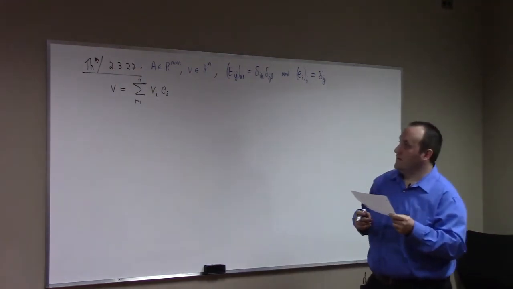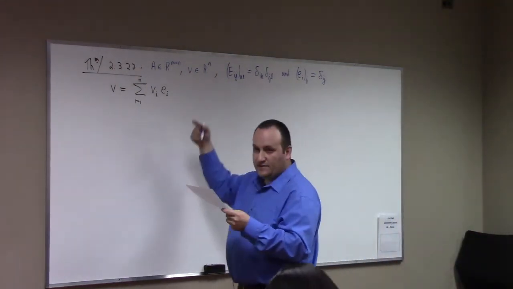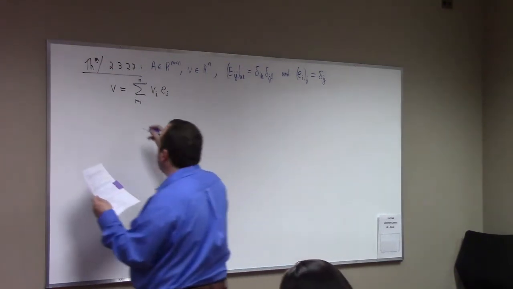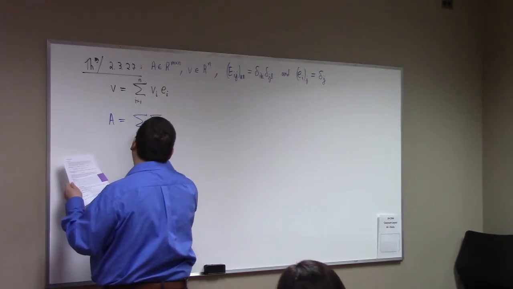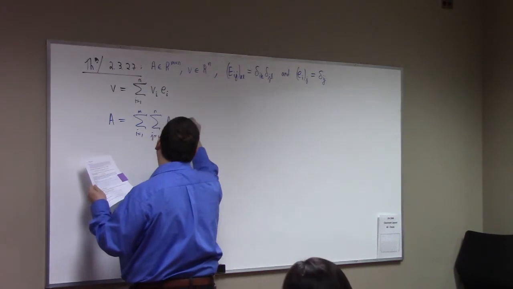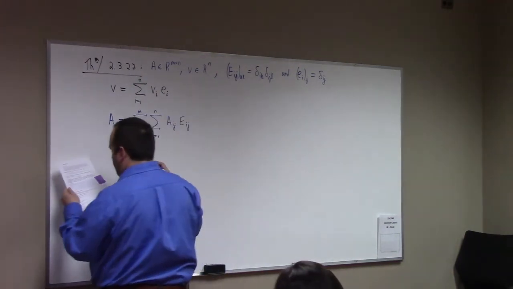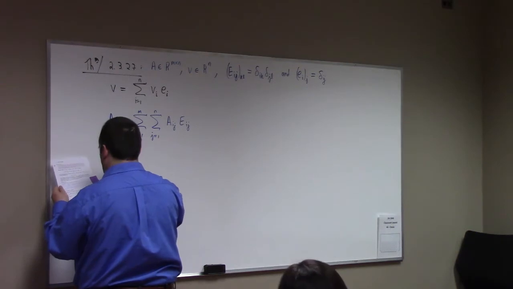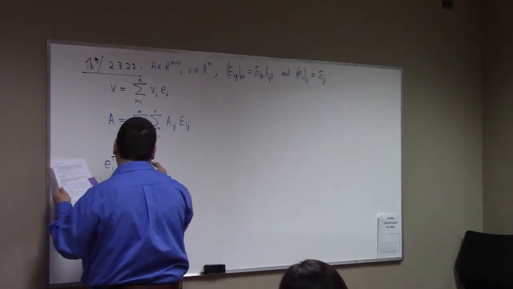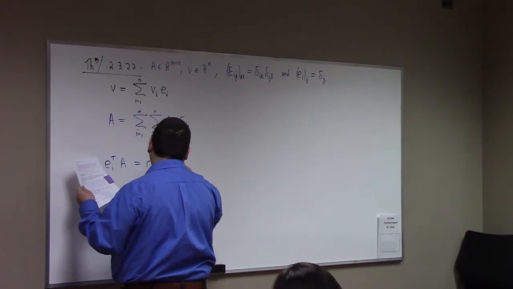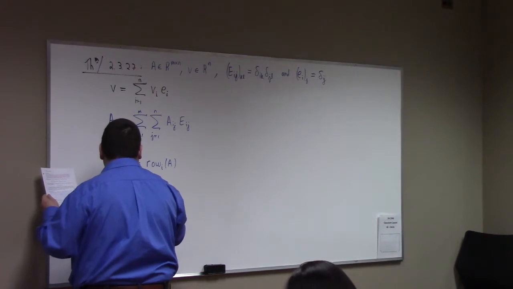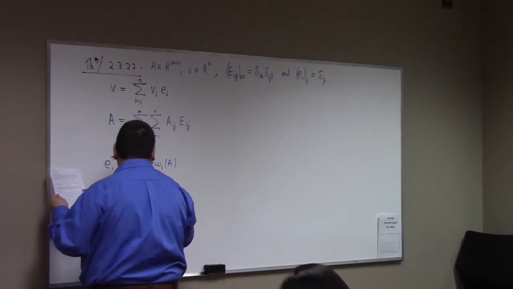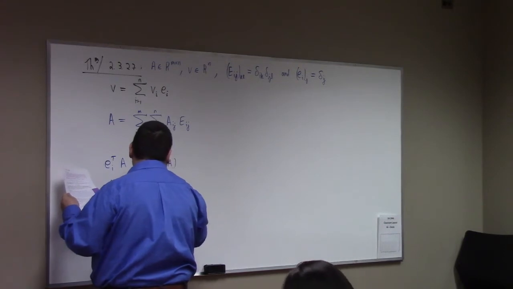Okay. So here's some things we can do. First of all, we can take any vector and write it as a sum of the standard basis. We can take any matrix and write it as a sum of the Eij's. What else can we do? We can take ei transpose times A, and that's going to give me row i of A. We can calculate A times ei, and that's going to give me column i, right?